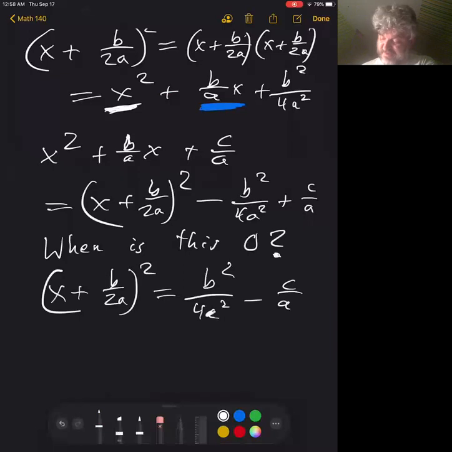I'm going to rewrite that with a common denominator, we've done those, remember? Common denominator 4a squared. Numerator is b squared minus 4ac.